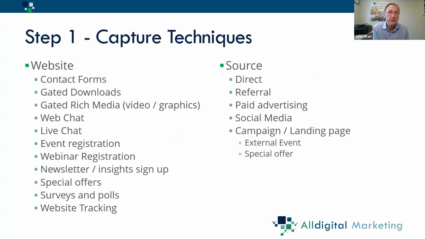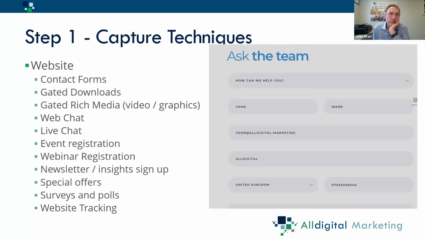If we have a look at capture techniques, quite often on your website you're going to have a contact form. Very simply, you'll have an ask the team or whatever it is, your contact form, the information gets loaded, name, address, email, boom, the information comes through. The story is that for every single extra box somebody has to fill in or answer a question on, you decrease the likelihood of them actually completing the form.